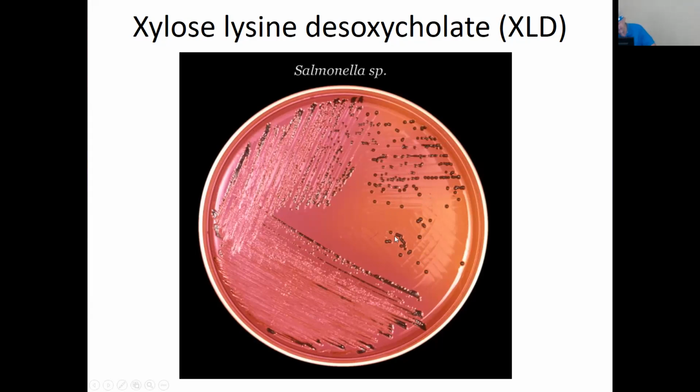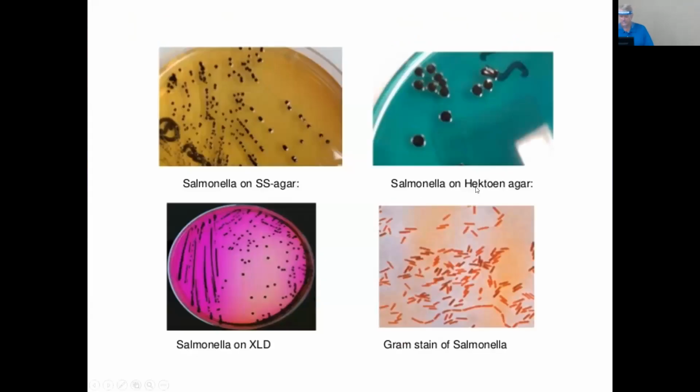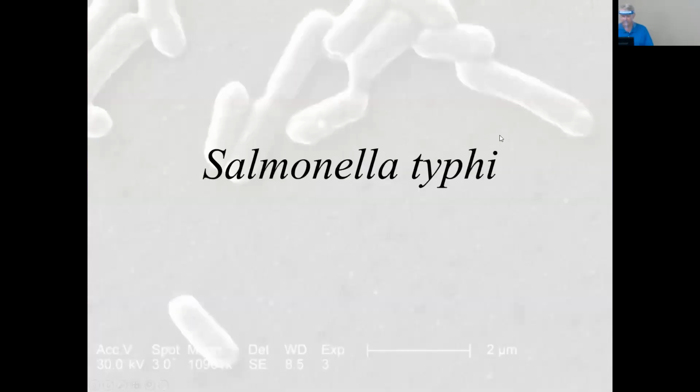And I think that's black for Salmonella. Okay, so Salmonella on Hektoen, we're going to see that. Salmonella-Shigella agar here, showing the black Salmonella, XLD, gram staining Salmonella. So we're going to do a gram stain next week on Salmonella. We're also going to have Hektoen agar to see it growing on that.